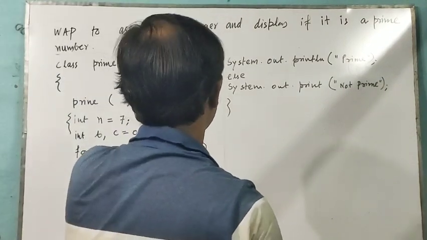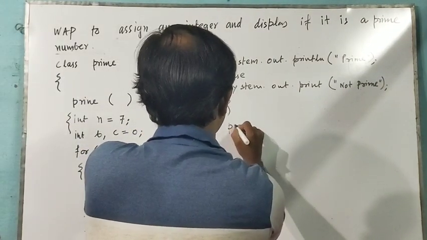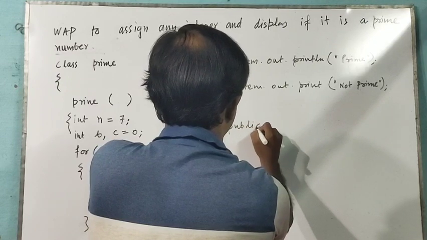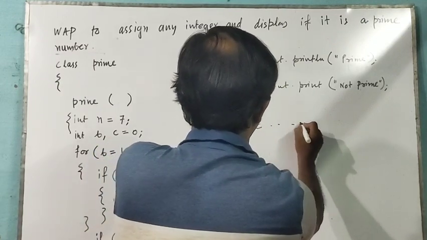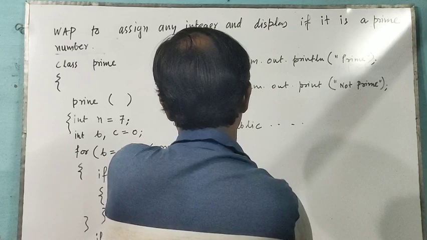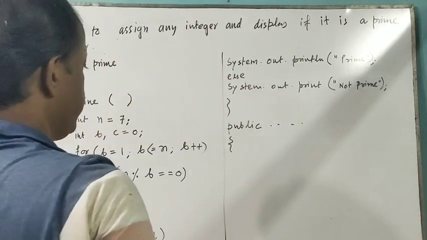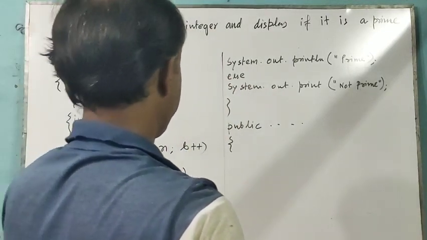Now the main program, public static void main. We do not have input here, and we do not require any variable also.